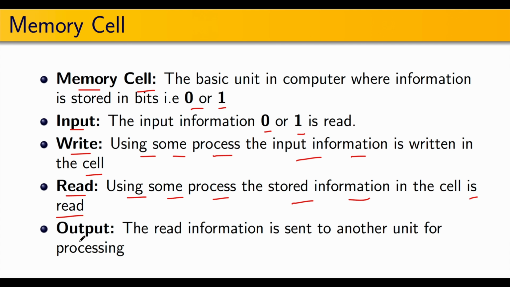And then we have output. The information that has been read is sent to another unit for processing. This is what a memory cell does. And what is a memory cell? A memory cell is a circuitry which will store the information.